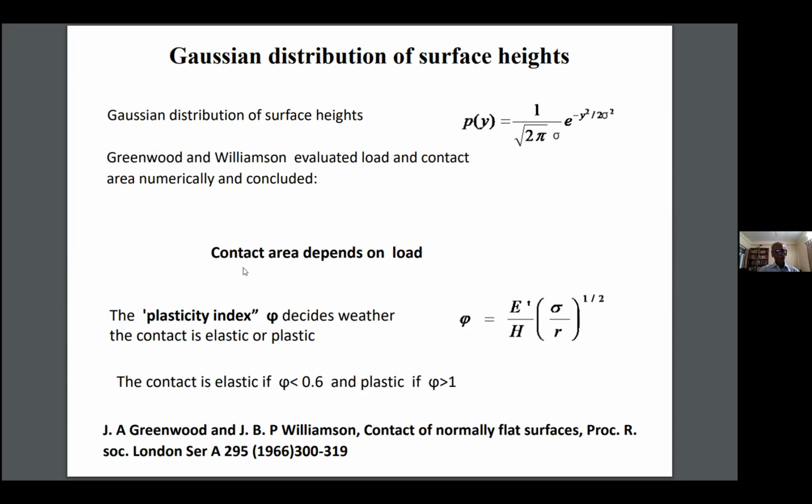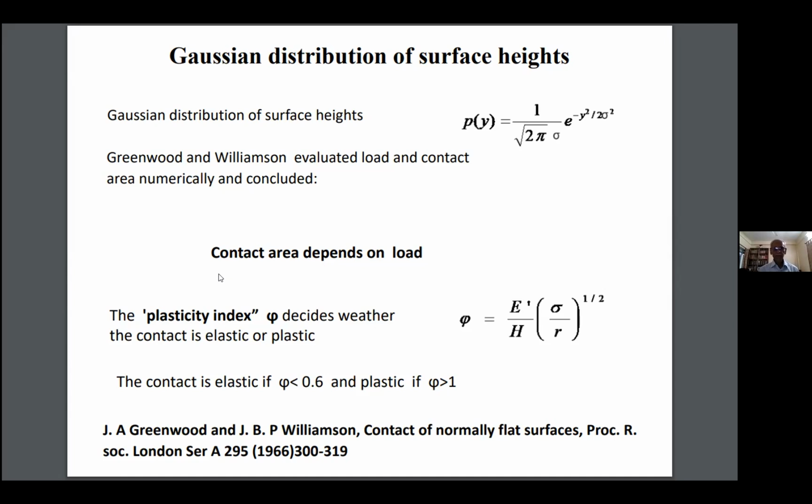So they have concluded that for elastic contacts of two rough surfaces, the contact area depends on load. And not only that, when two rough surfaces are in contact, we really do not know whether they are in elastic contact or plastic contact.